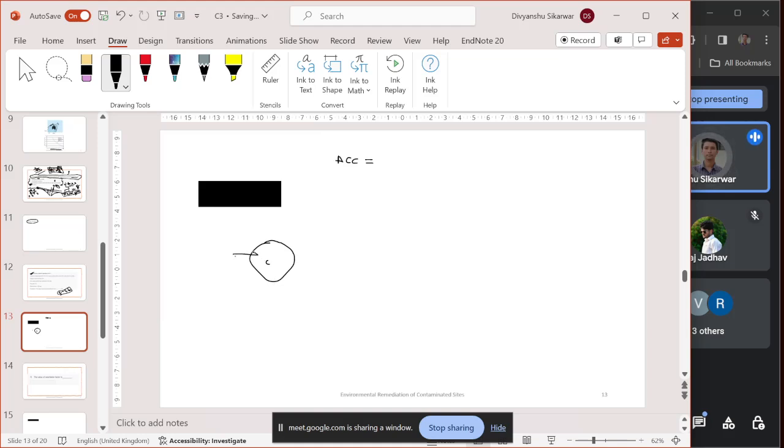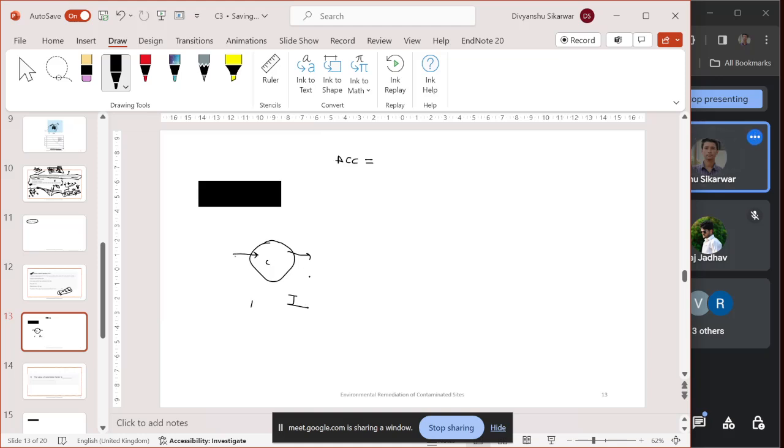There is a stream of water coming into this pond and a stream of water going out of this pond, right? And there is already some concentration of C. So how will I calculate at a particular time what is the concentration of the particular contaminant or how much water is present in this?